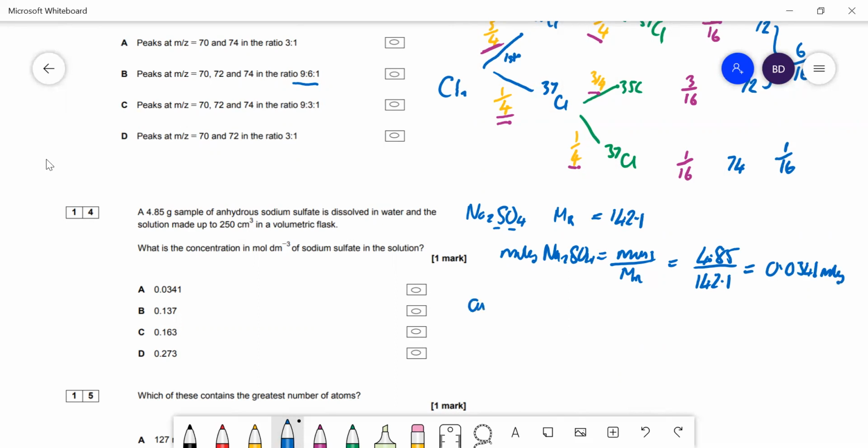Now the concentration is equal to moles over volume. The moles is 0.0341, and the volume is 250 centimeters cubed, that's 0.25 dm cubed. And that gives us an answer of 0.137 moles per decimeter cubed. It's this one.